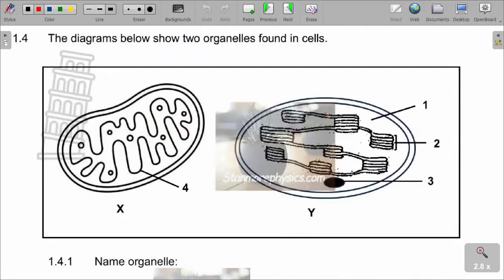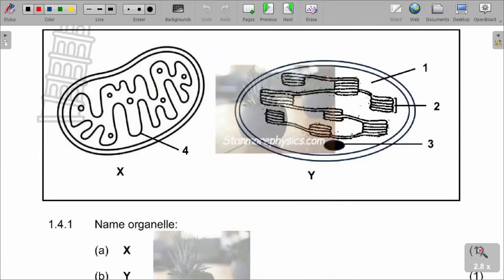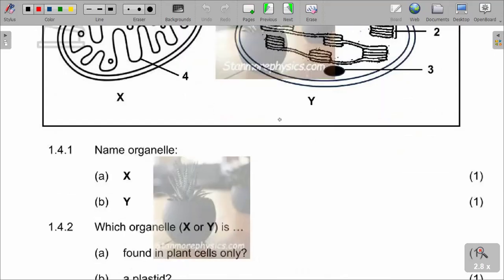The diagram below shows two organelles found in cells. We are asked to name the organelles X and Y. X is the mitochondria.